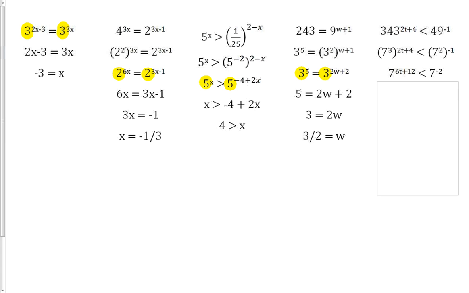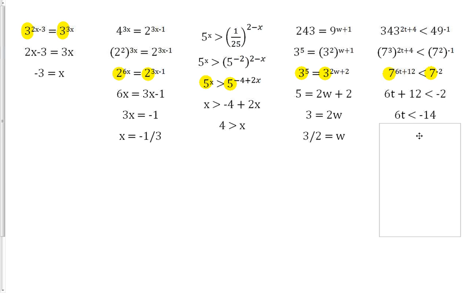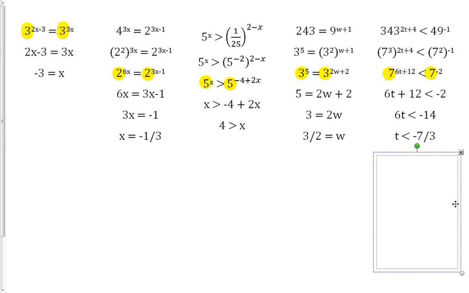And since we have our common bases and nothing else going on, set those exponents equal to each other, or in this case, keep our less than sign, and so we'll have 6t plus 12 is less than negative 2. Subtract 12 from both sides, divide through by 6, and we've got t is less than negative 7/3.